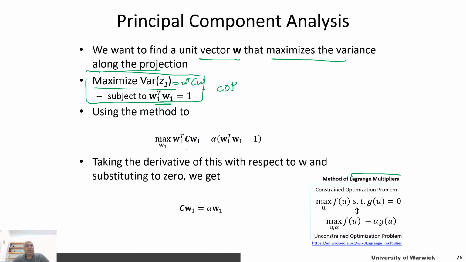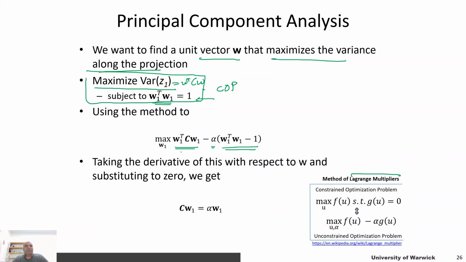Essentially, we take the optimization objective and add another variable, called the Lagrange multiplier, and then we add the constraint, which in this case is W transpose W minus 1 equal to 0. So this is coming from here.